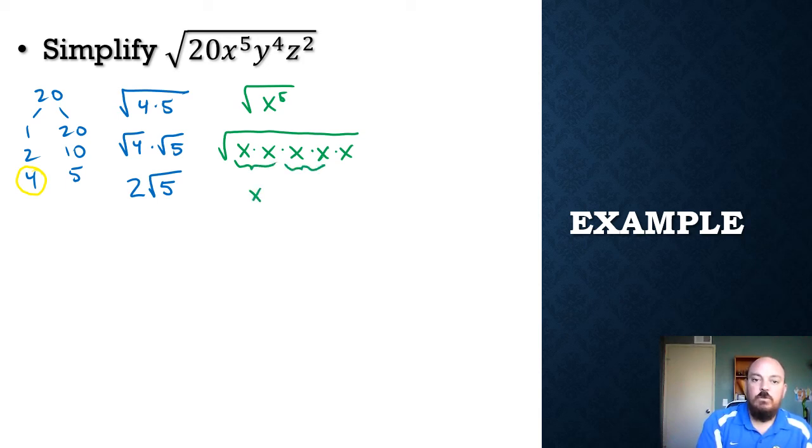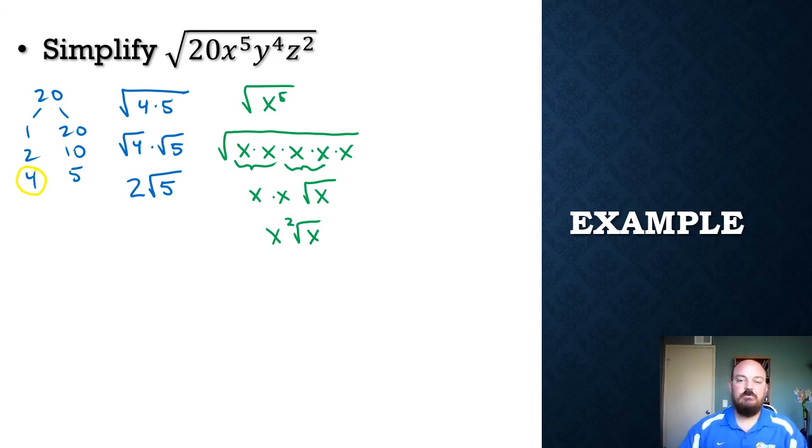These second 2 will turn into another x. And that last one, since I don't have one to group it with, stays a square root of x. So x times x is x squared, and I have x squared radical x. That makes sense because it was x to the 5th power. Anytime you have an odd number, you get a square root left over.